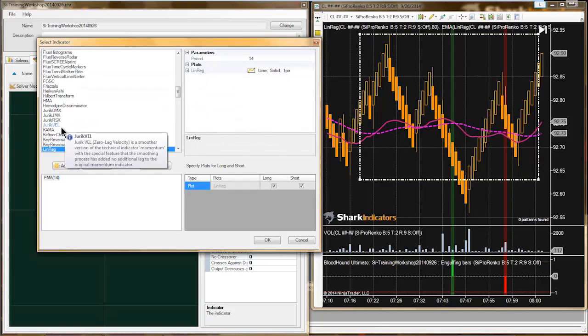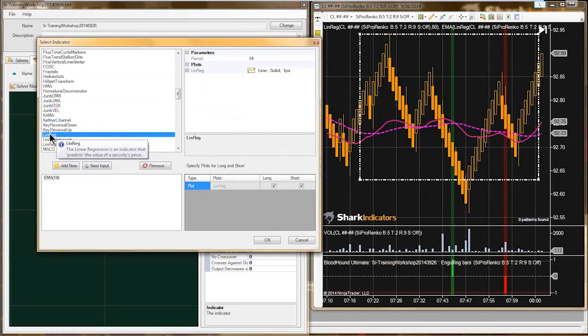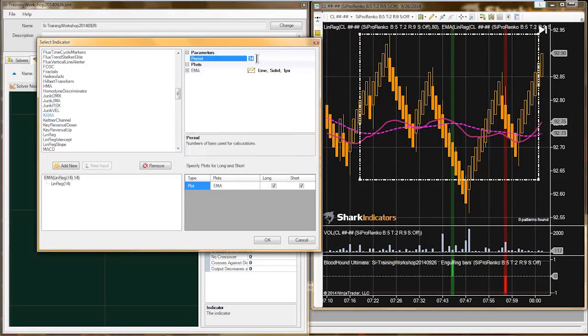And next we need to feed the linear regression into it, so I'm going to nest the linear regression into the EMA here, right? And remember, our EMA is a 20 period, and the linear regression is an 80 period. So let's change this to 80.